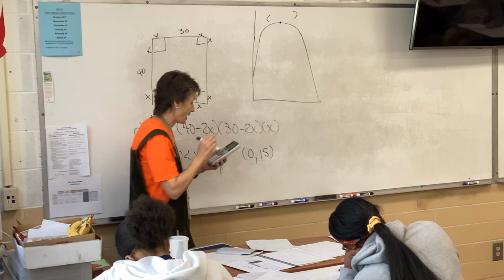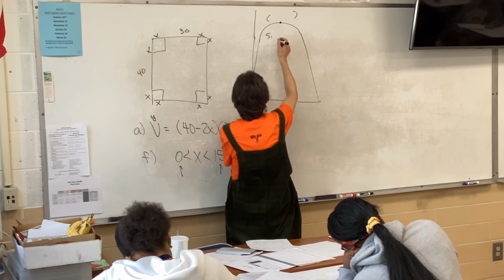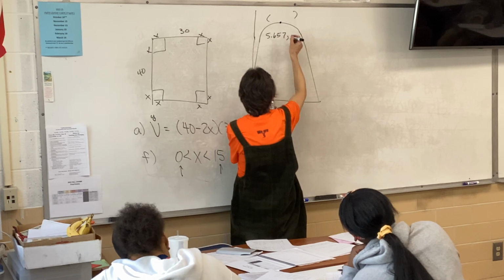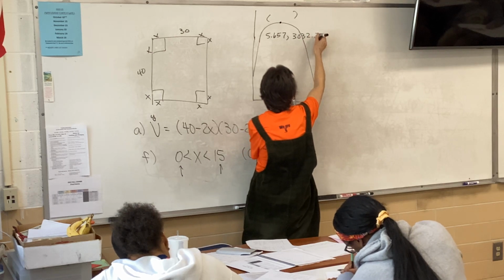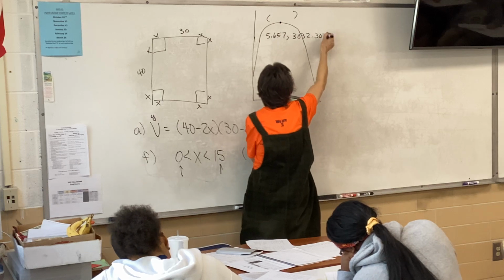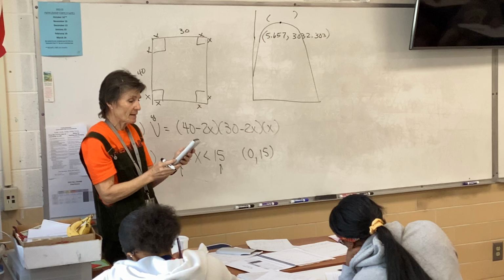And I got, for my maximum, 5.657, comma, 3032.3025. Anybody else get that?